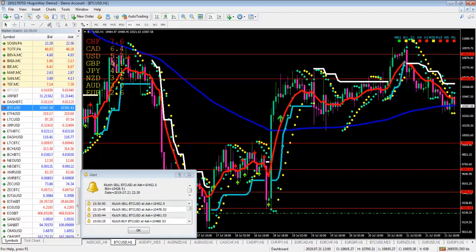This is my resistance line. I got my parabolic SARs over top, so it's more in a sell, and the candles are under my moving average. It's more in a sell, but this here is giving us some problem. Remember, this acts as a moving support and or resistance, but it's giving some issue right here.